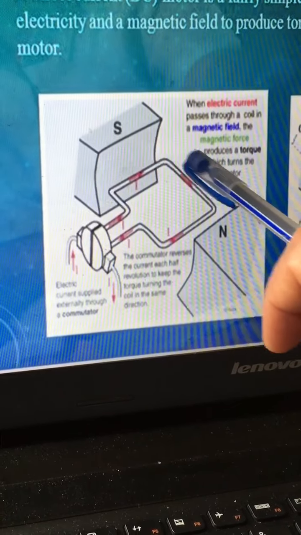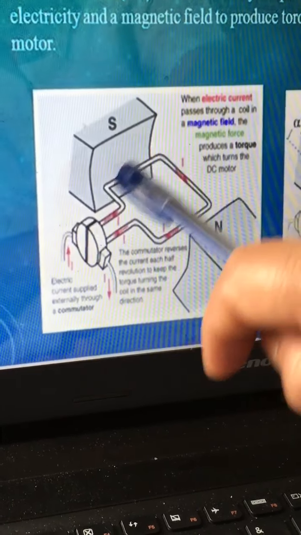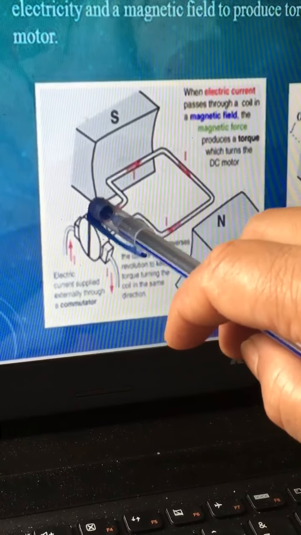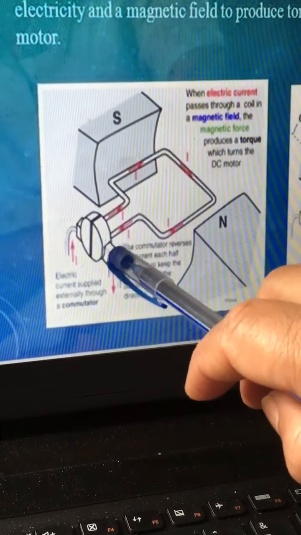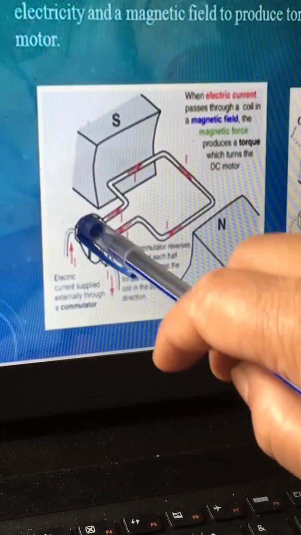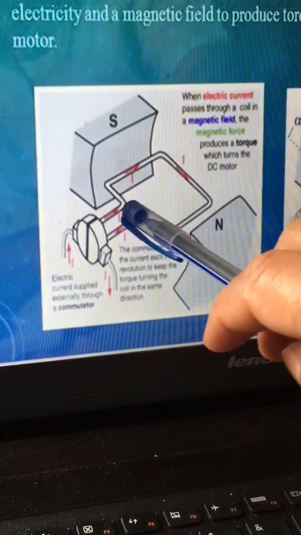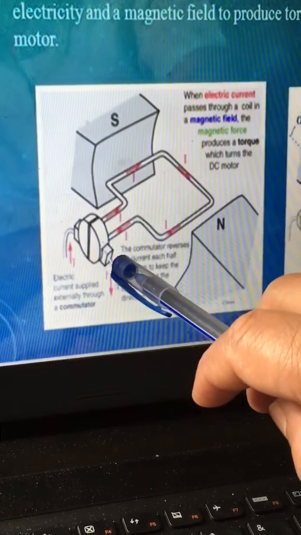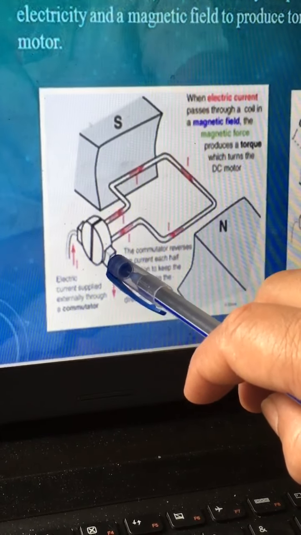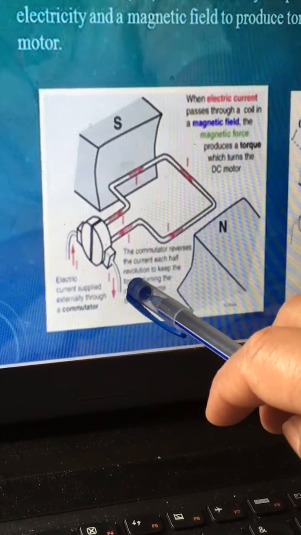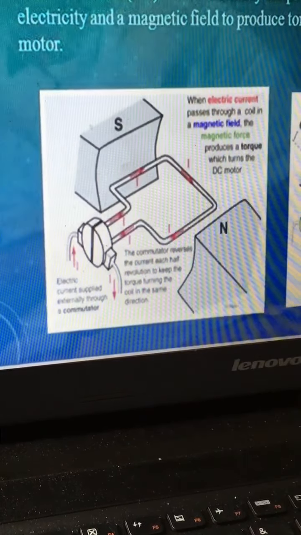This rectangular coil is called the armature. The ends of this armature are connected to two half rings. These half rings are called the commutator or split ring, and this commutator is attached to the carbon brushes, and through the carbon brushes it is connected to the circuit.